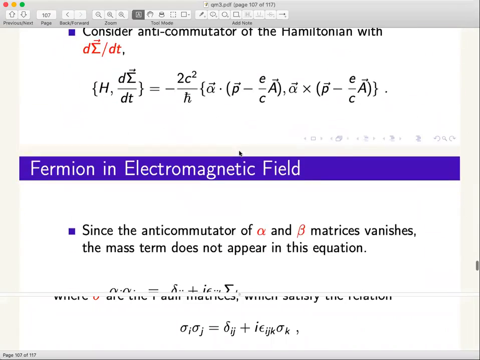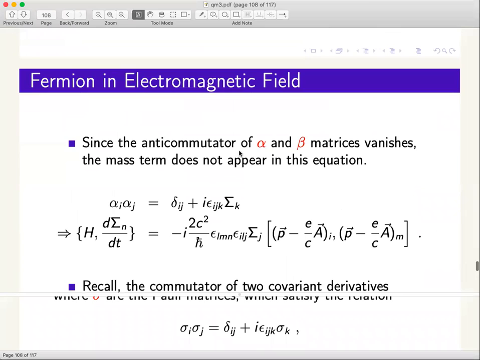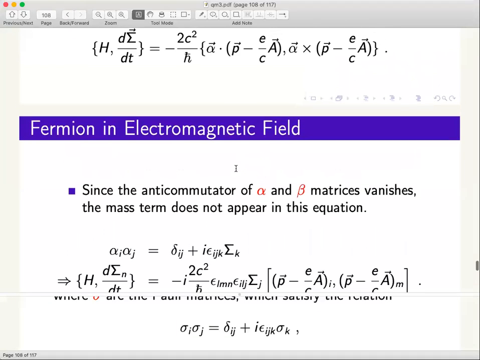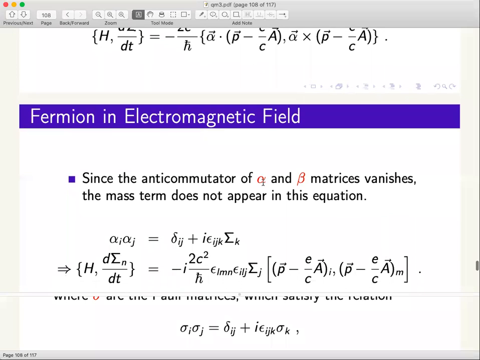So the piece that is important here is basically to realize that this cross product requires one epsilon, which is epsilon LMN. This dot product, of course, has only one index on alpha and the same index on pi. Okay, but then the alpha product would involve another epsilon. Okay, and that is a piece that is being written down here.